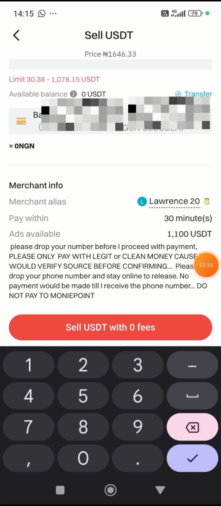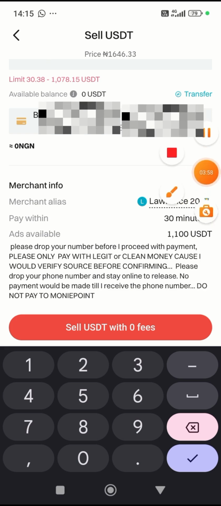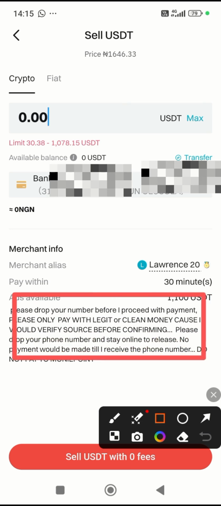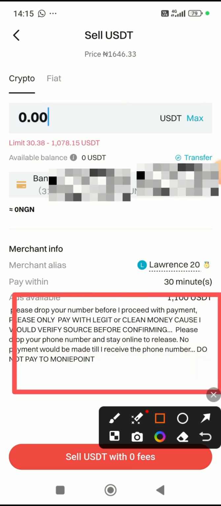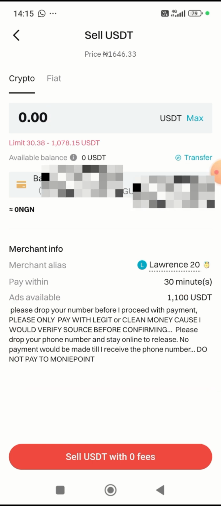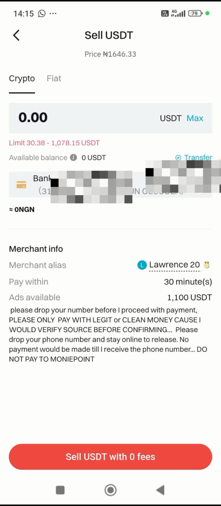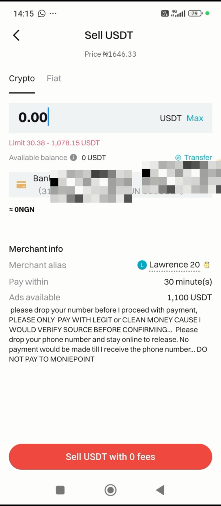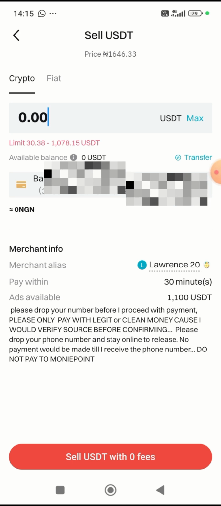And one thing you need to take note of is to look at the agreement. It is very, very important. You need to look at the agreement here, to look at their terms. You can see the person says, please drop your number before I proceed with payment. Please only pay with legit or clean money, because I will verify before confirming. Please drop your phone number.